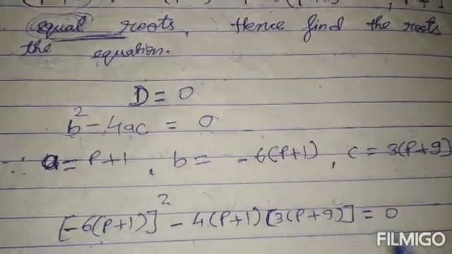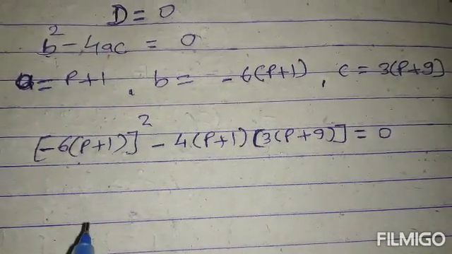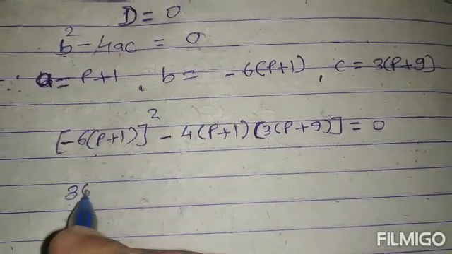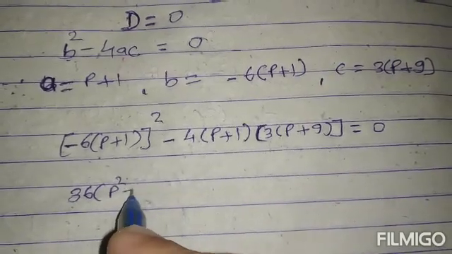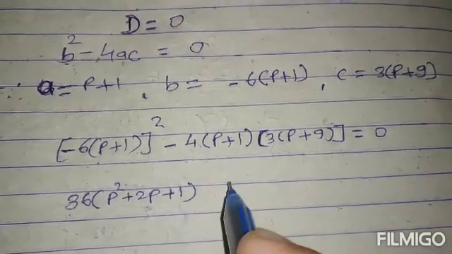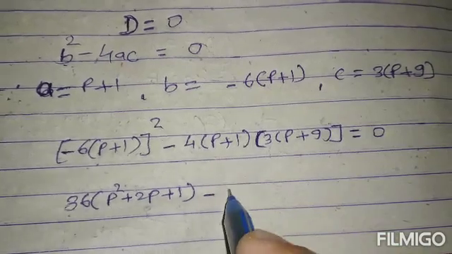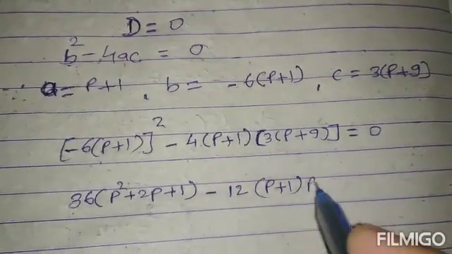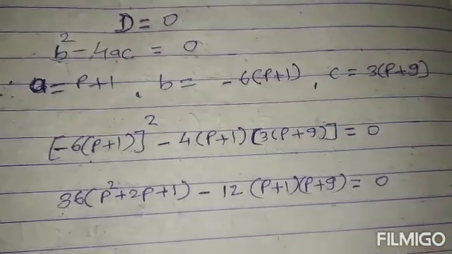equals 0. Clear? And if you further simplify this, then 6 6s are 36, (p + 1)² is p² + 2p + 1, minus 4 3s are 12 into (p + 1)(p + 9) equals 0.